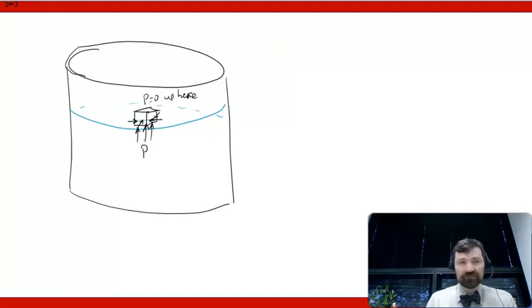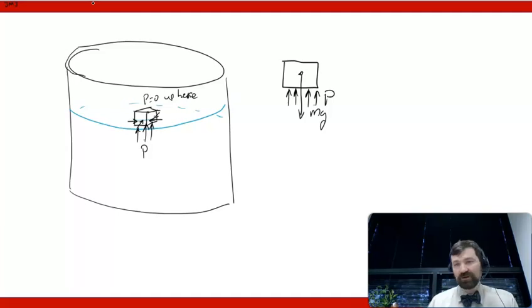If I draw the object from a side view, I have mg acting downward, and pressure acting upward on the bottom of it. This upward force, the buoyant force, is the pressure times the area of the bottom of this object. Now, the object may be partially submerged as drawn above, but it could be totally submerged as drawn below.